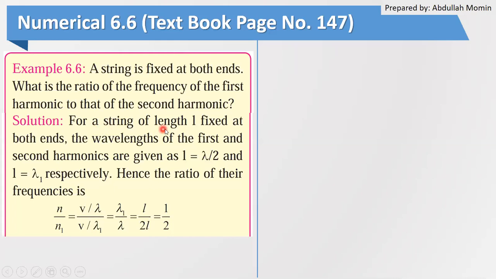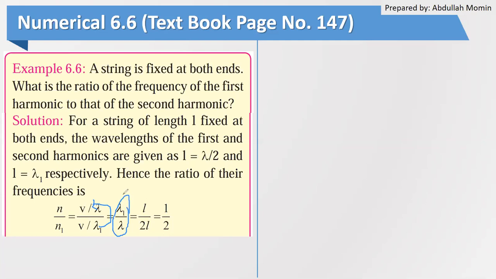So if a string of length L is fixed at both ends, the wavelength of the first and second harmonic is given by L is equal to lambda by 2 and L is equal to lambda 1. And the ratio of their frequency will be n divided by n1 is equal to v by lambda divided by v by lambda 1. v gets cancelled, the denominator becomes numerator, so we will write lambda 1 by lambda.